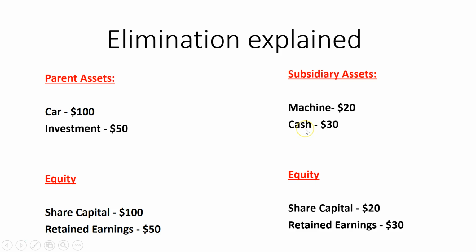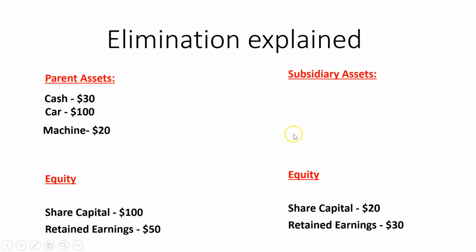So you can see that the net assets of the subsidiary are equal to $50, which is equal to the investment asset. So this is the reason why we're eliminating the investment asset, because when we consolidate, we'll bring the machine asset and we'll bring the cash asset over to the consolidated balance sheet.